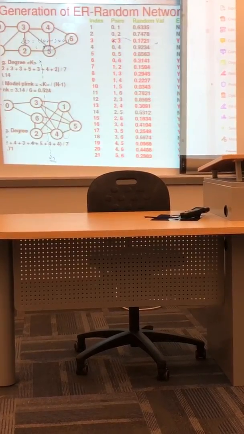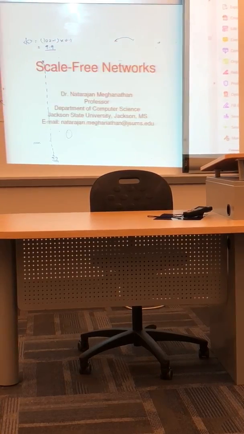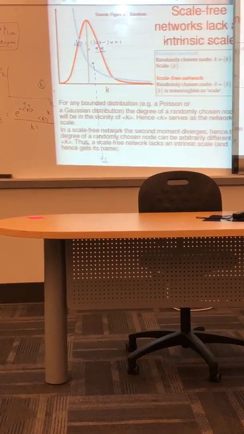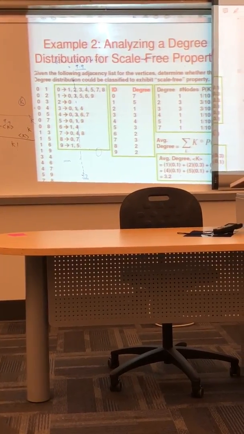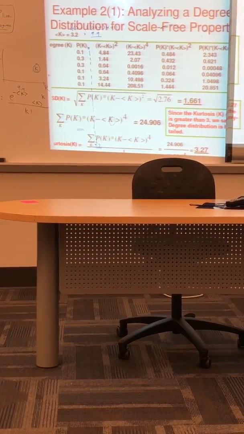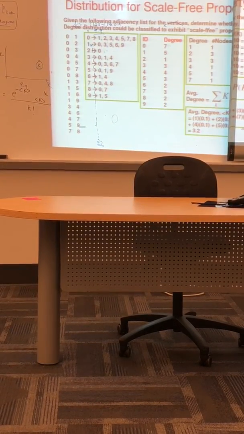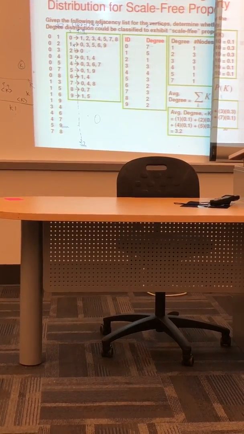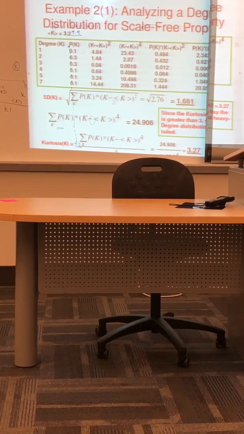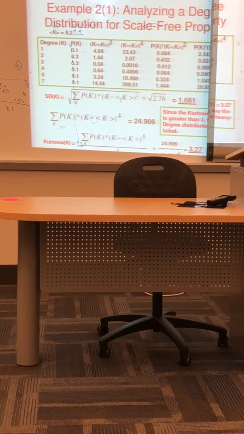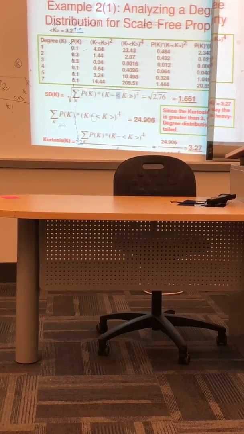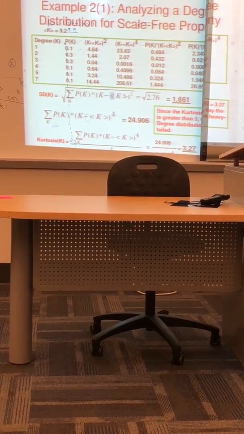Now, how do we find the standard deviation? Let me check. Yes, this is the formula for standard deviation. For the average, the sum of all the k times pk is the average degree. For standard deviation, the formula is k minus the average degree, the difference, squared, times pk.